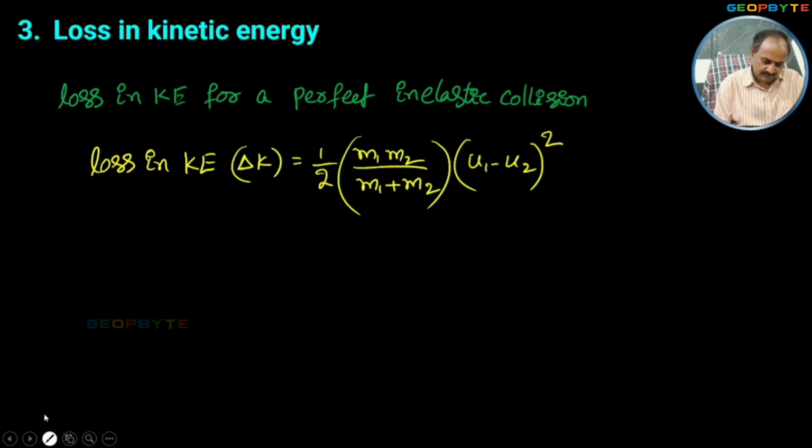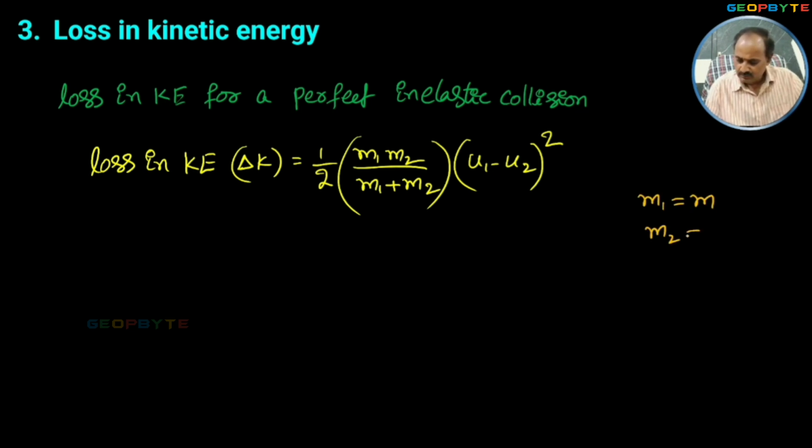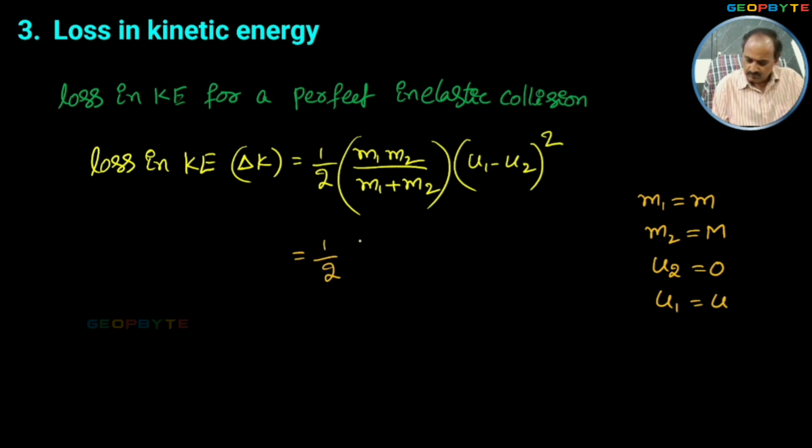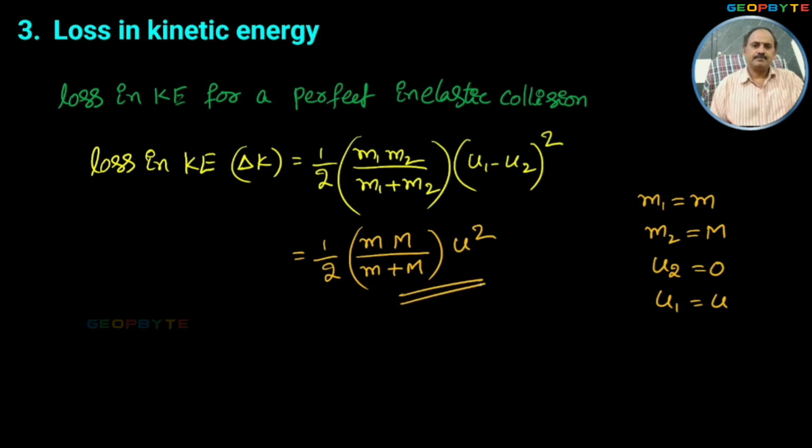But for this case, m1 equals the mass of the bullet, m2 equals the mass of the block, velocity u2 equals 0, u1 equals u. So it is equal to half into small m into capital M divided by small m plus capital M into u square. This is the loss in kinetic energy.